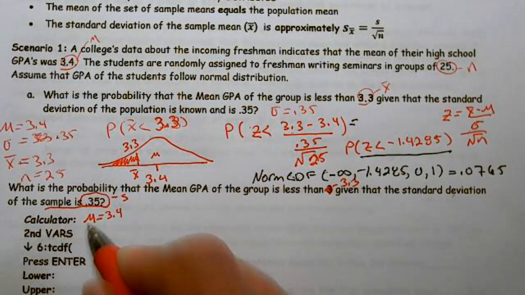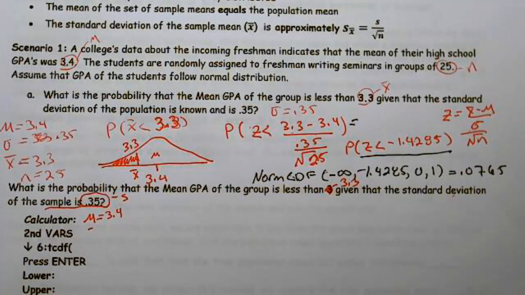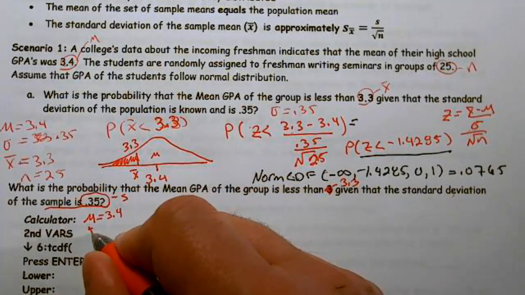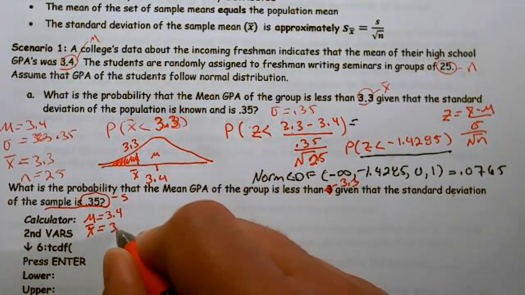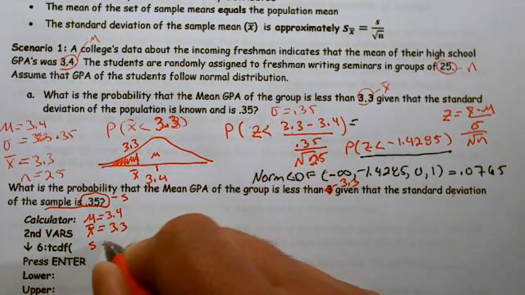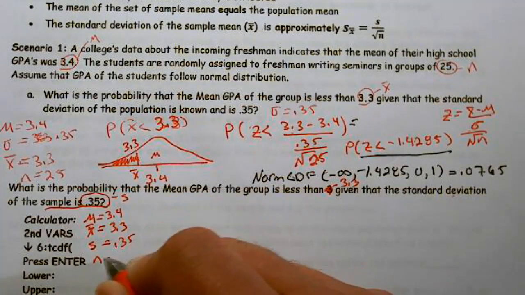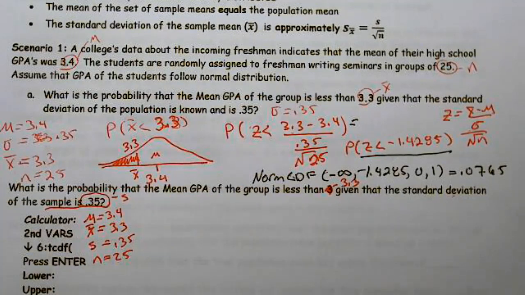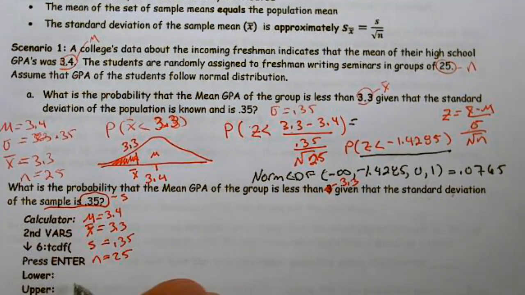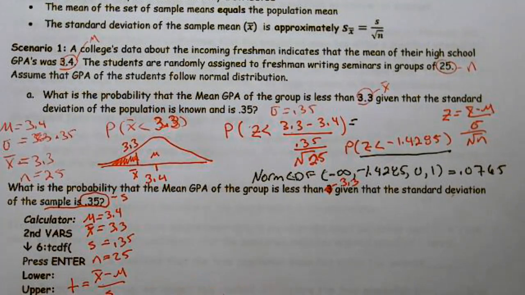My X bar is still 3.3, but my S is 0.35, and my sample is 25. Now, because this has an S, we're going to use the formula T equals X bar minus mu over S divided by the square root of N.